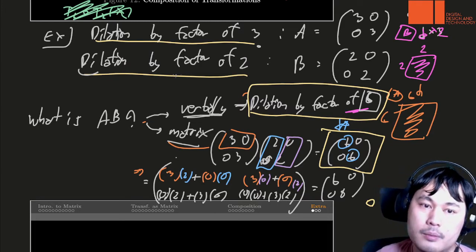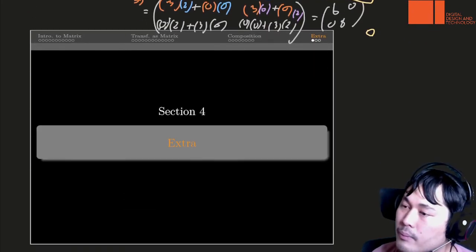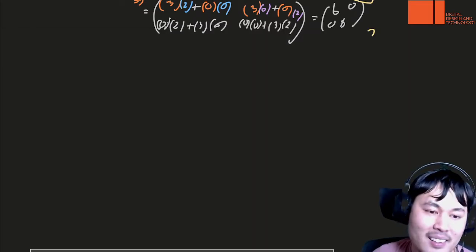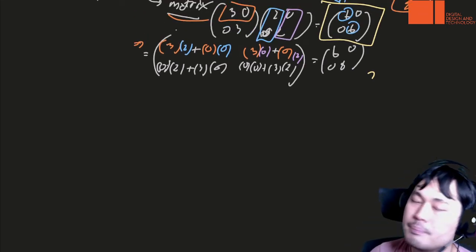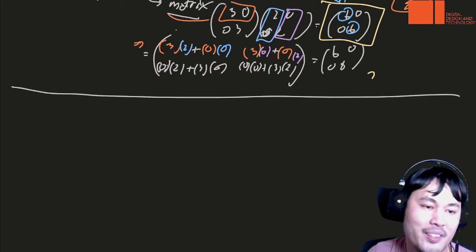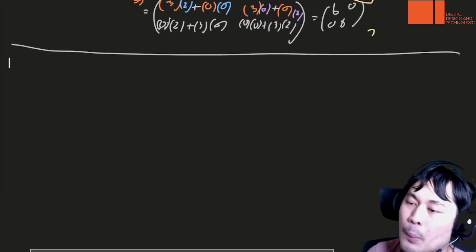So that's one example. Let's take a look at another example. Let me move it down here. So let's see which one I should use. Yeah, for instance, let's try rotation, because that's where interesting things happen.